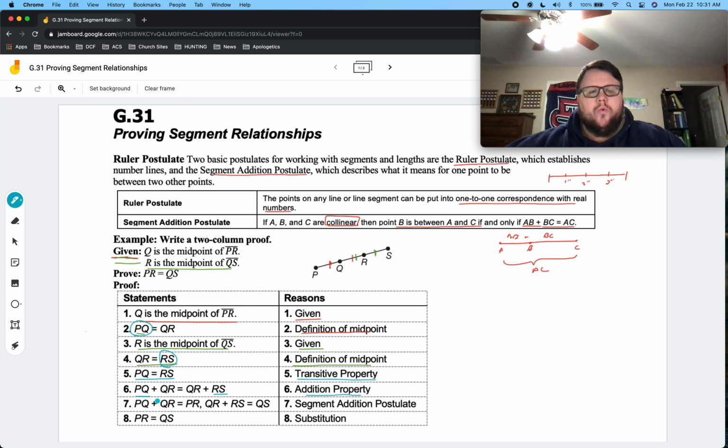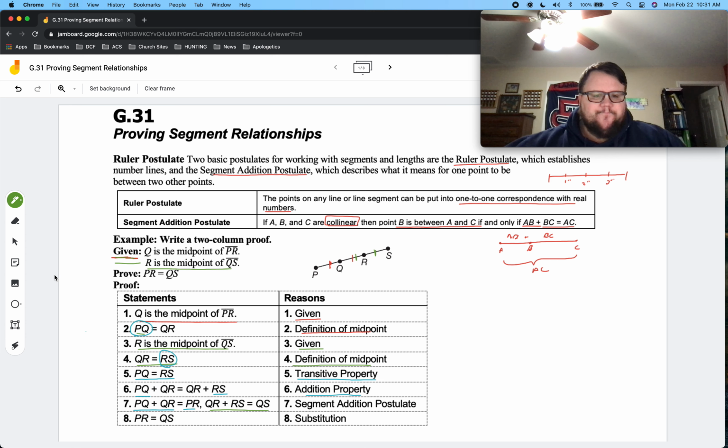Now we're at the point where PQ plus QR equals PR. That's the segment addition postulate. And we have QR plus RS equals QS. That's also the segment addition postulate.